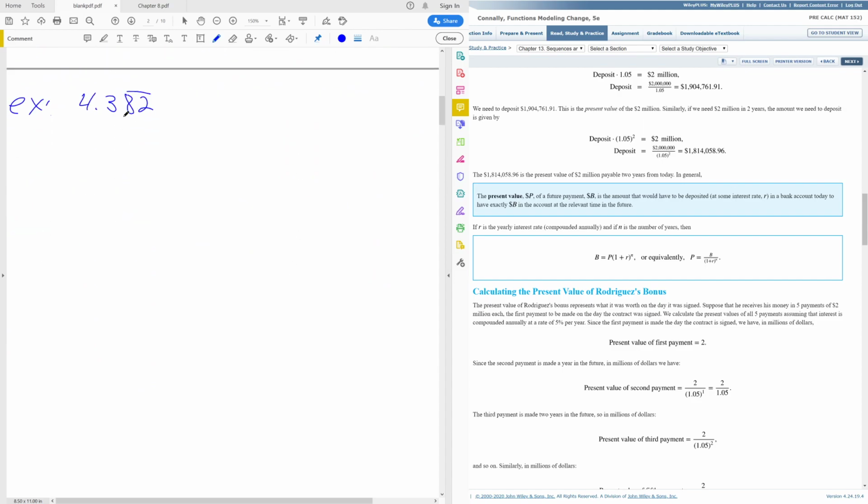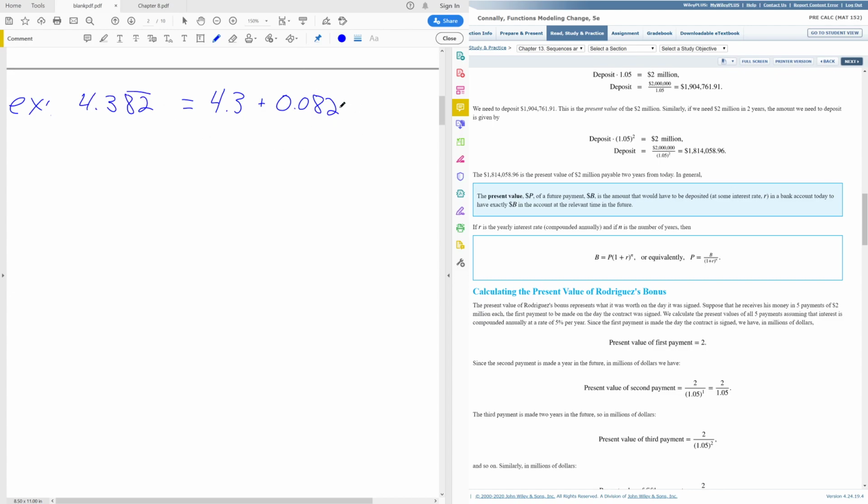So what I'm going to do is say that this number is equal to 4.3 plus 0.082. Okay, that would give me just this number without the repeating sign, right?